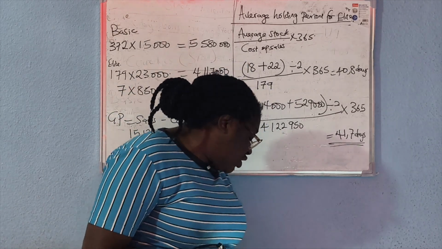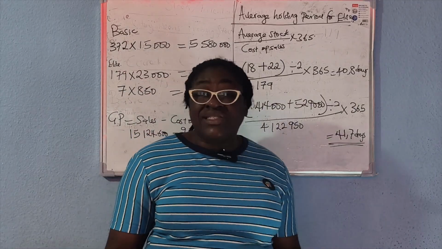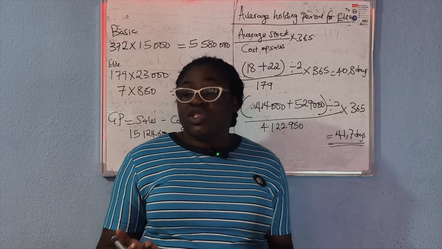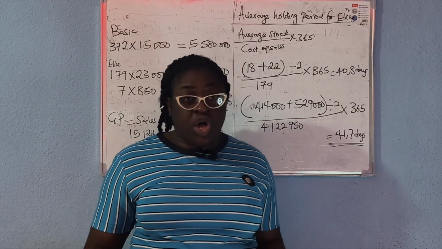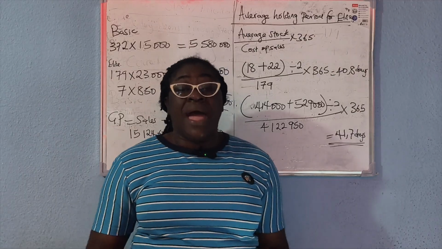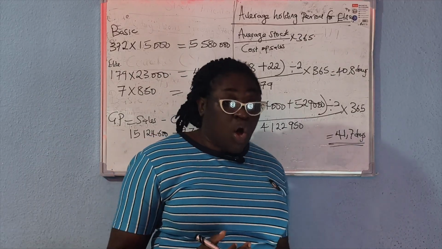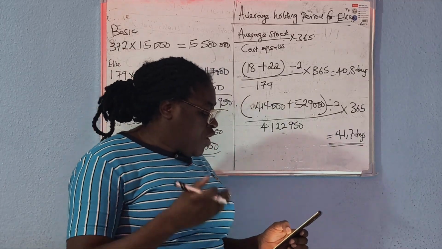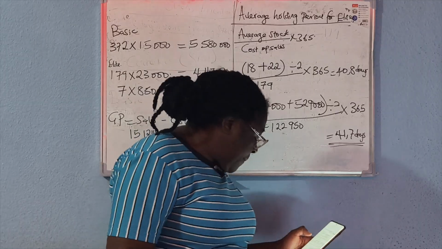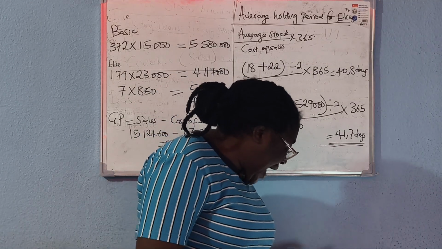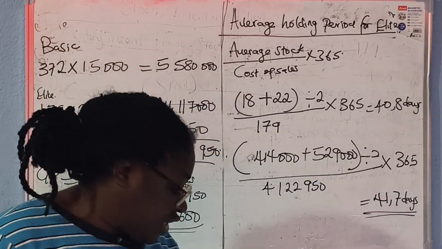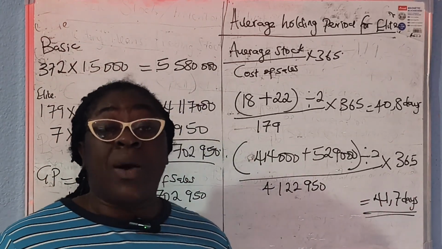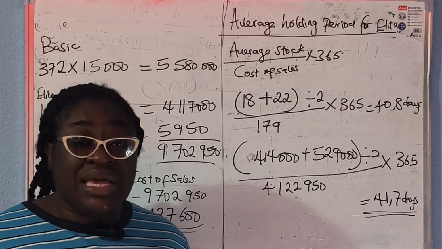And then if you also check with basic, we do not have to return any stock back to our supplier. There were no stock returns, unlike Elite, whereby we have to return 7 stock back to our supplier. And also, basic has a lot of sales. We were able to sell up to 96.1% of our basic stock.